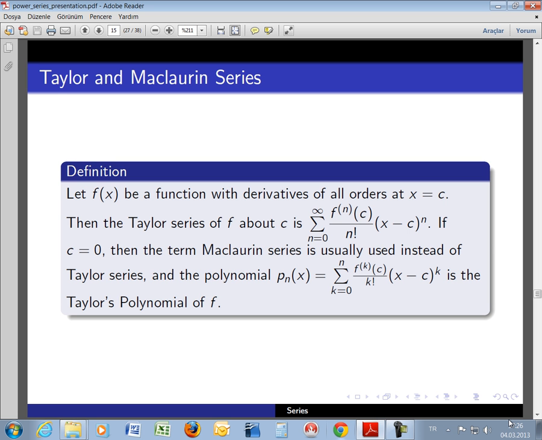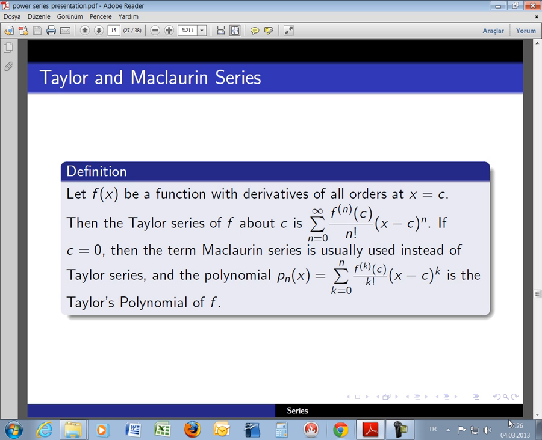And the sum k from 0 to n of the kth derivative of the function at c over k factorial times (x minus c) to the power k can be written as a polynomial of nth degree, which we represent by P_n of x, called the Taylor polynomial of the function.